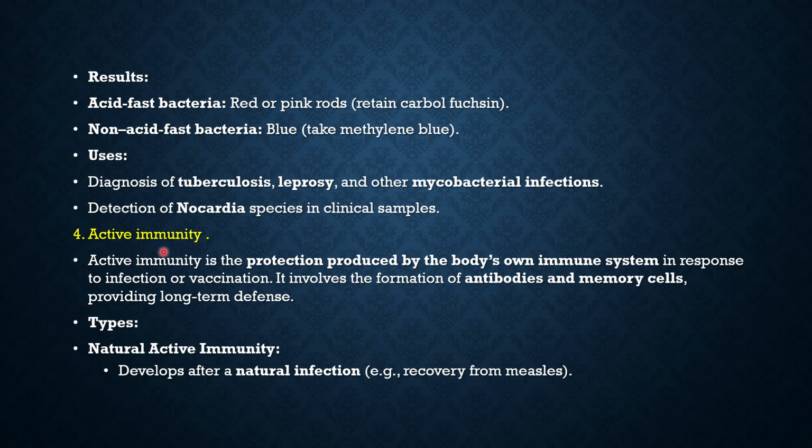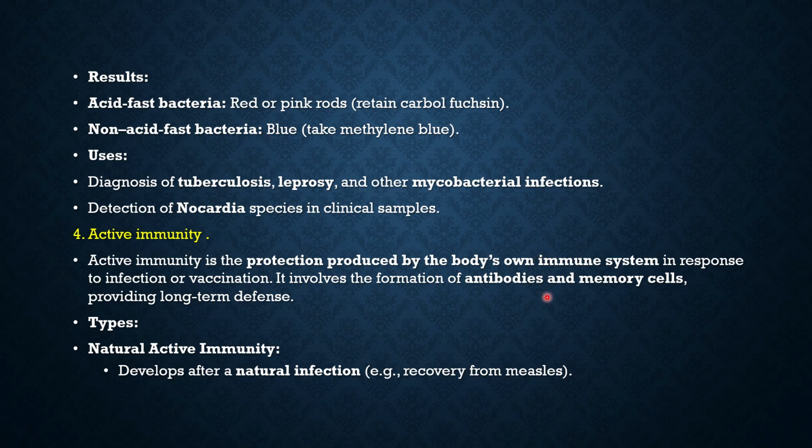And next, question number 4 is active immunity. Active immunity is a type of immunity in which the protection is produced by the body's own immune system. So our immune system is the one which is fighting against the pathogens. In case we encounter any infection, or we forcefully introduce any microorganism through vaccination, our body fights against it.